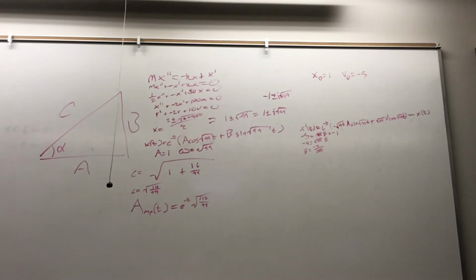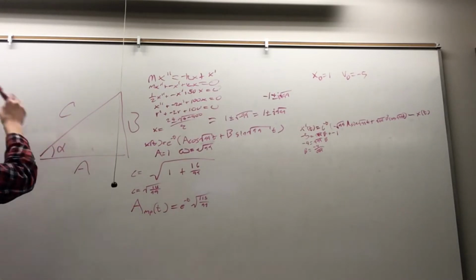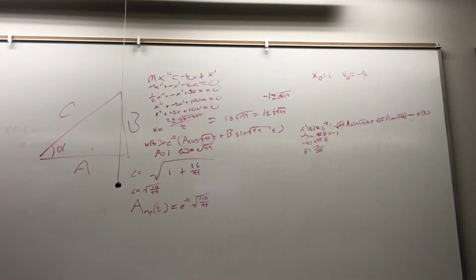Now, we have to find alpha, the offset. In order to find that, I'm going to have to pull out my calculator. I was using it for physics, so it's in degrees. Give me a moment. Okay, back in radians.